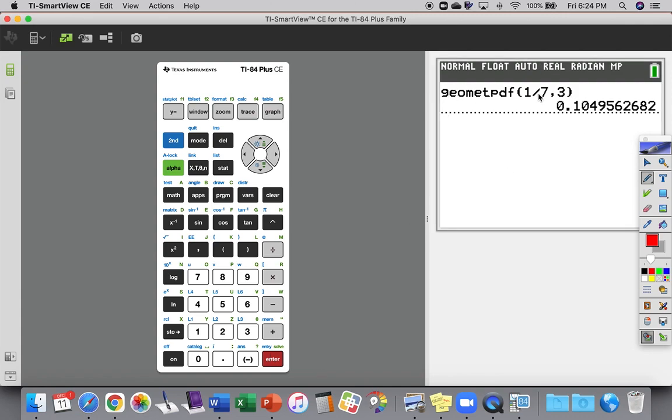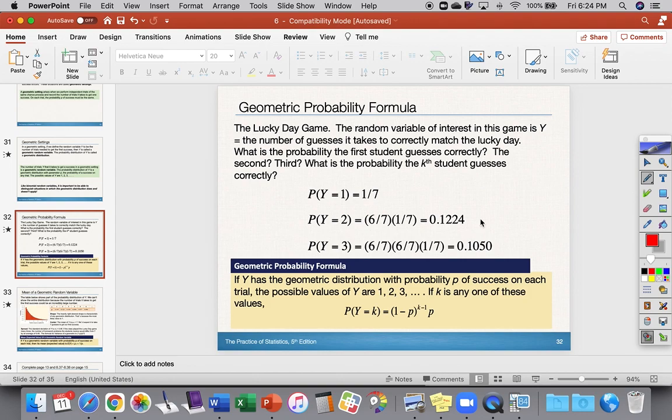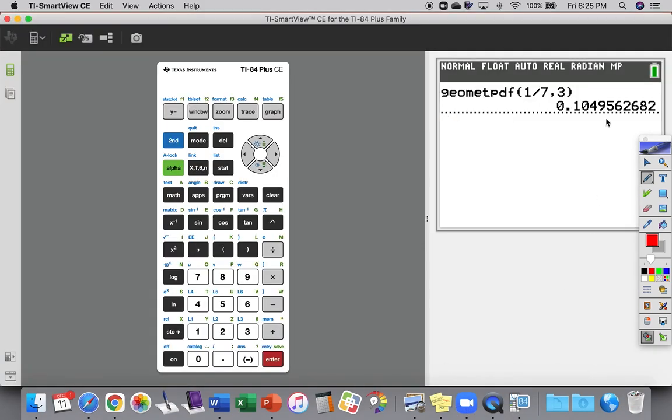So what does this mean? It means fail times fail times success. 0.104. If you look here, there it is. That was our exact thing. That's exactly what we had before, 0.1049, so 0.105, just like the slideshow showed.